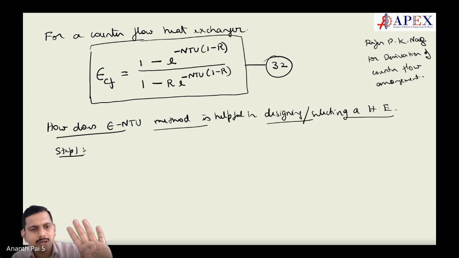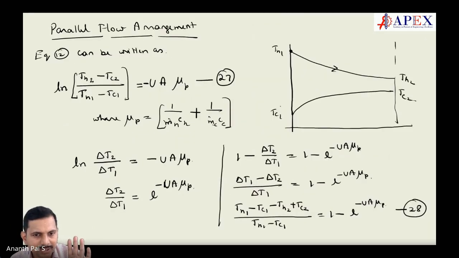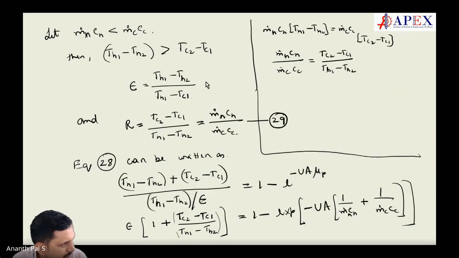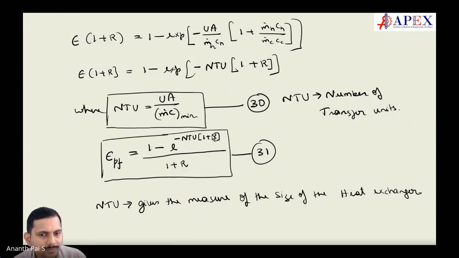Effectiveness is given by this equation, is it not? That does not change. R does not change. NTU does not change. Three things. What is NTU? UA by m dot C minimum.